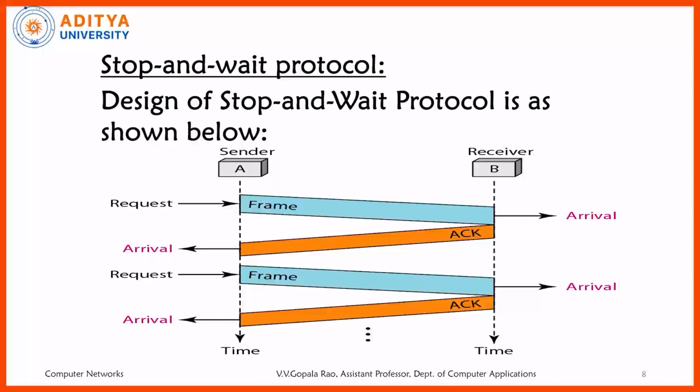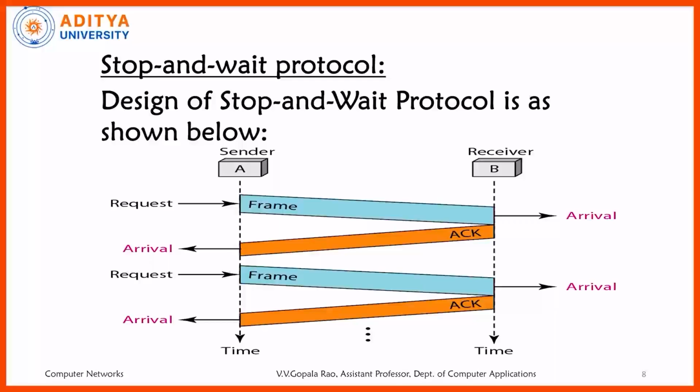Here the frames are transmitted, but there is an ACK, a frame which we are expecting as a sender from the receiver. ACK means acknowledgement. We are expecting an acknowledgement for every frame from the receiver to the sender. So that is the added step identified in the stop and wait protocol.